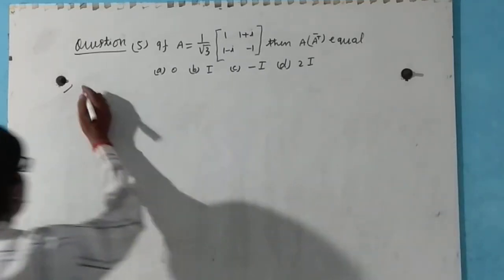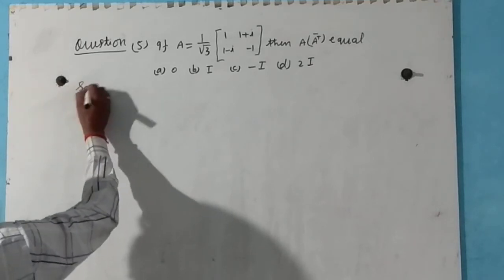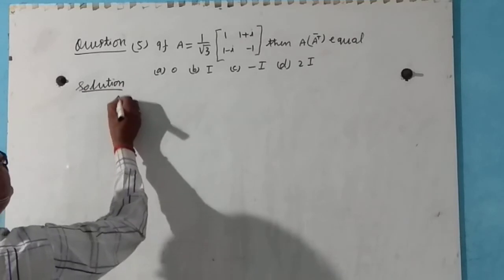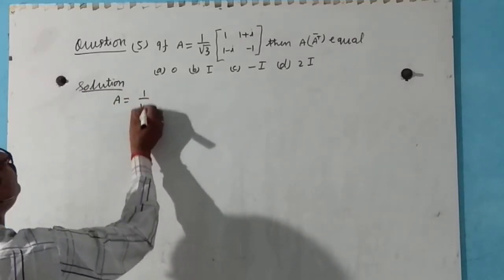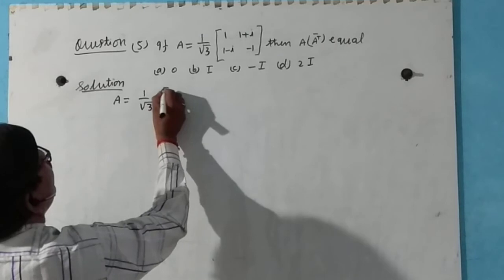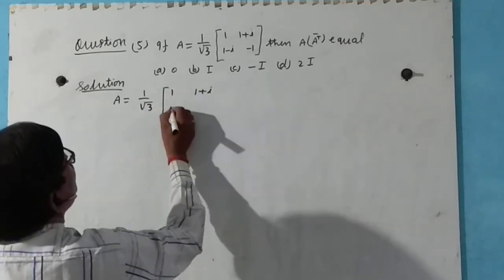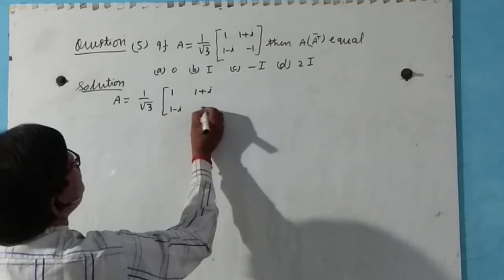Now the solution of this: A is given here, A equal to 1 by root 3 and matrix 1, 1 plus I, 1 minus I and minus 1.